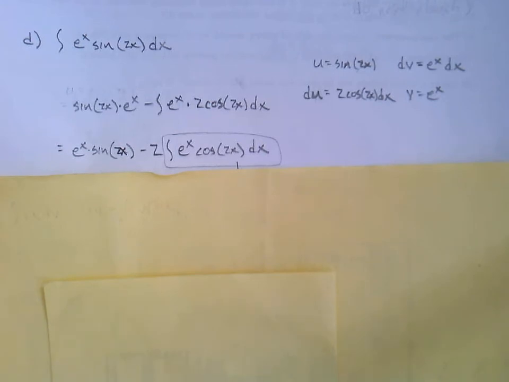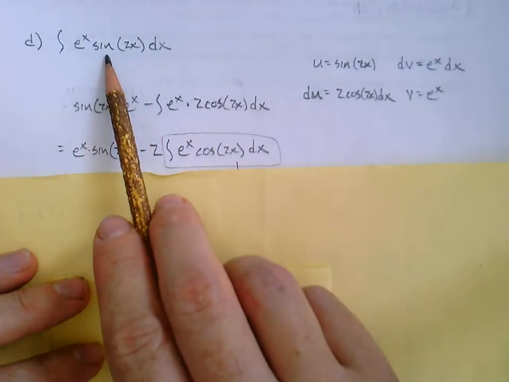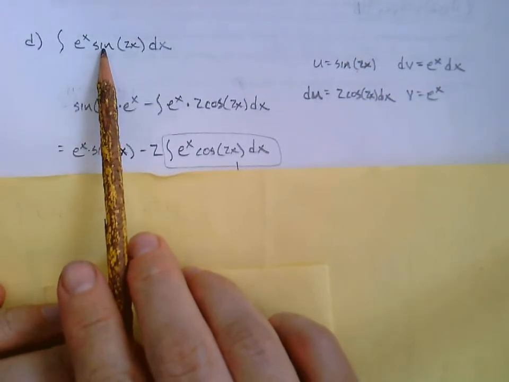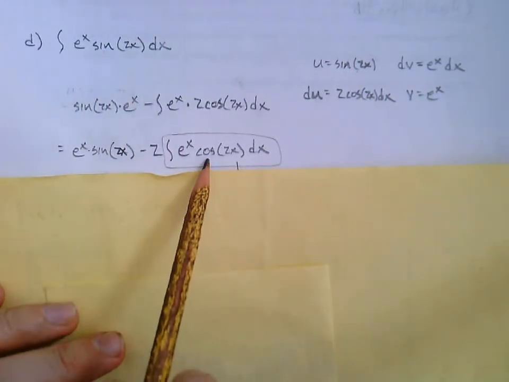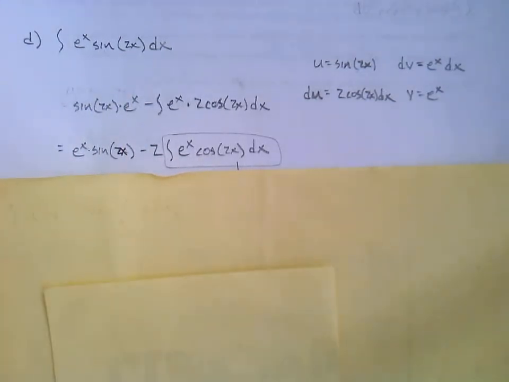Okay. Well, let's compare this integral with the original. Did it get easier? You say, well, all that really happened was sine became cosine. That's it. I don't know if we can argue it got easier, but did it get harder?